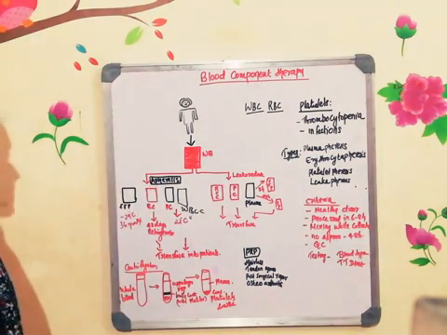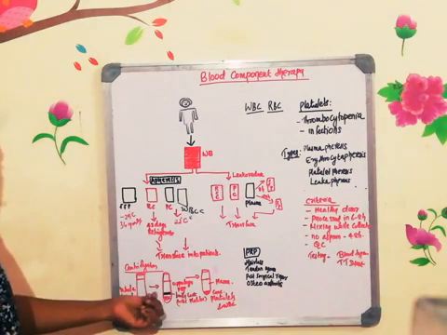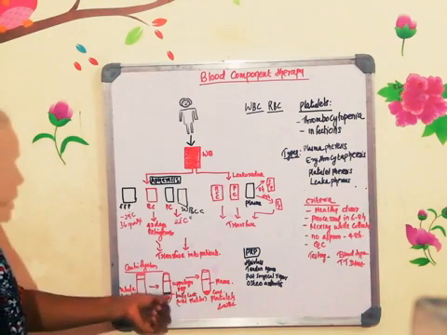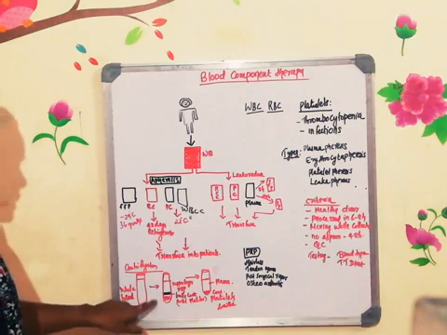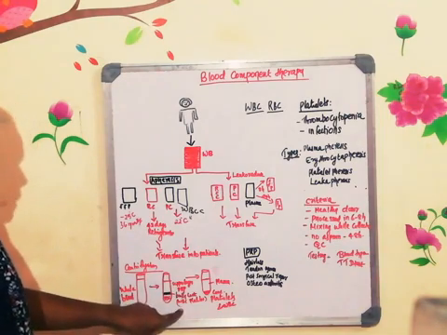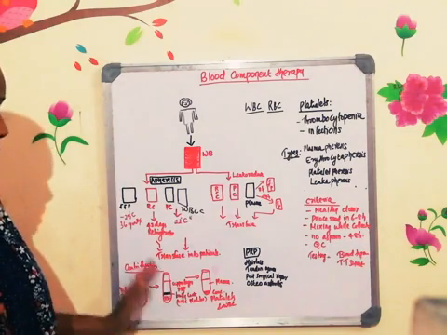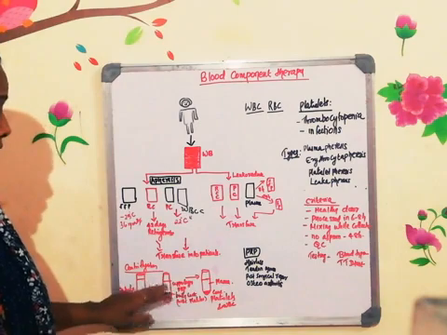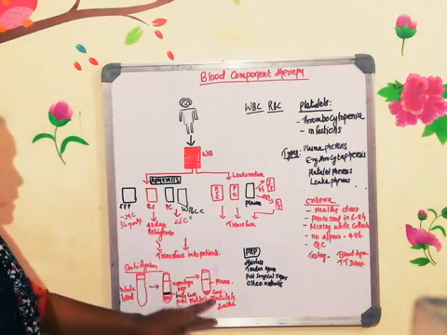The second one is manual centrifugation, wherein the whole blood is collected and sent for high-speed centrifugation, wherein RBC and the plasma will be separated. In between the plasma and the RBC, there will be a buffy coat. The buffy coat will have WBC and platelets. Again, the upper layer will be sent for low-speed centrifugation, wherein any platelets or WBCs in this layer will be separated.